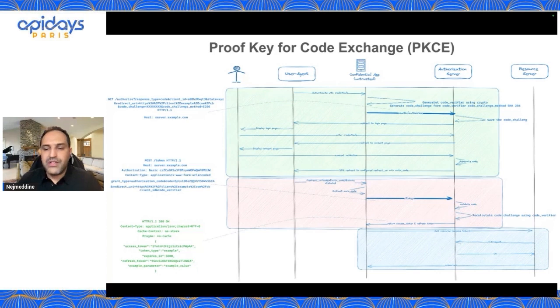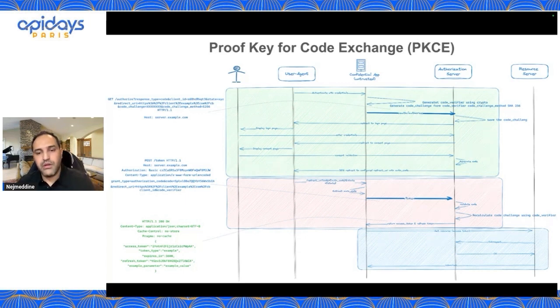What the authorization server will do is validate the code, because it is the generator of the code, so it knows whether the code is fine or not. The authorization server will recalculate the code challenge using the code verifier. If it's the same, it will be sure that the code is the right code, and the caller is the same one that initiated the workflow.